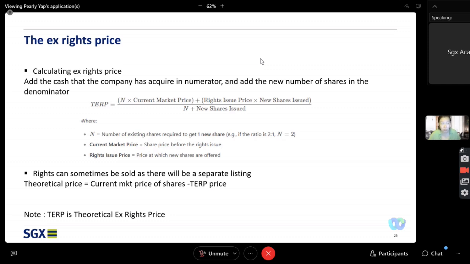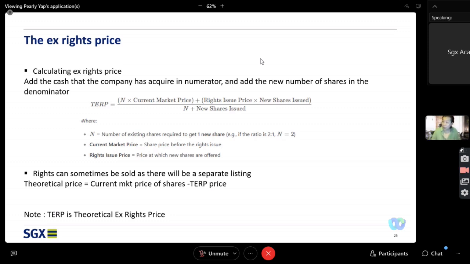Okay, so in this formula, you will notice that usually the rights may be separately listed. I think in SGX it's often separately listed, right? There is a theoretical X rights price. It's a theoretical price. Now, this price is calculated essentially by, if you think about it, money has changed hands, right? Money comes from the shareholder, goes to the company. So the company has more money now, correct?